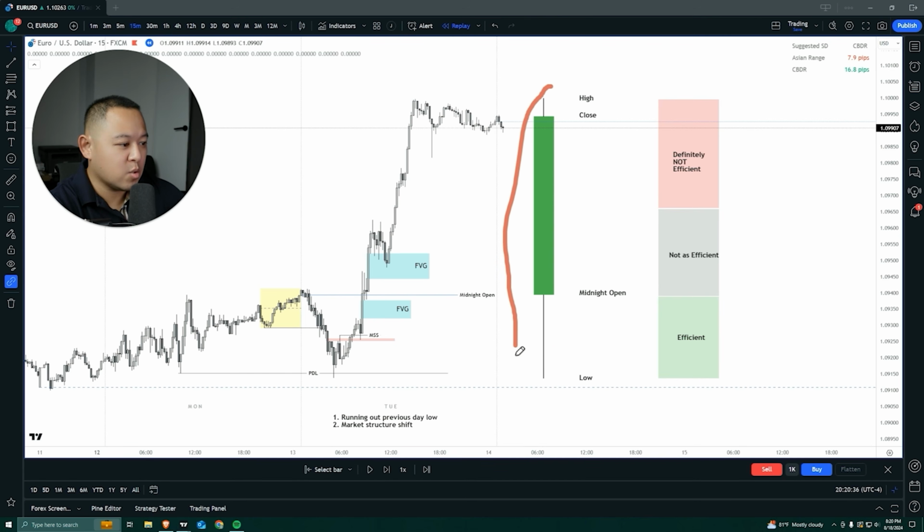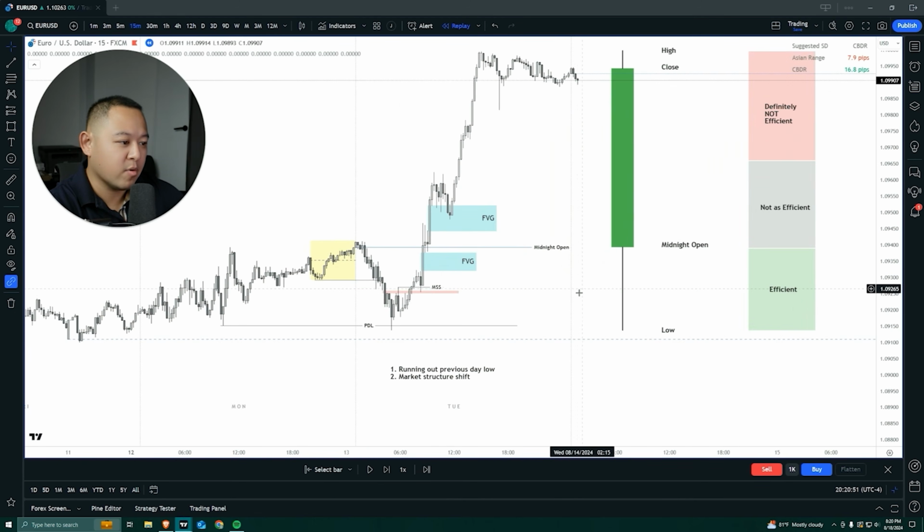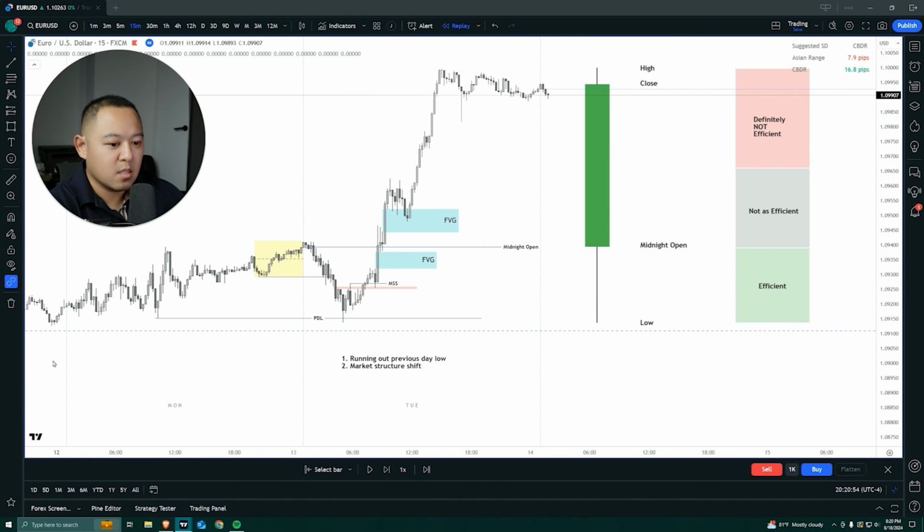But in order to get this 24-hour candle, where is there going to be the best pricing? The best pricing for me to get long is going to be below the midnight open. This is exactly where we need to be operating. On a day-by-day basis, if we want to increase our win rate, we just need to understand that operating below the open, anywhere in here, is going to be way more efficient than entering longs above the open.